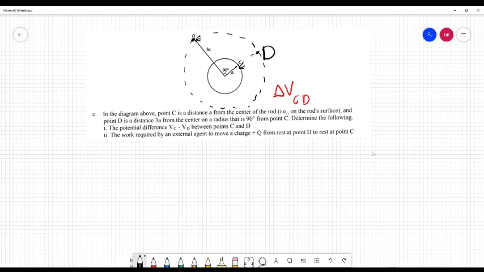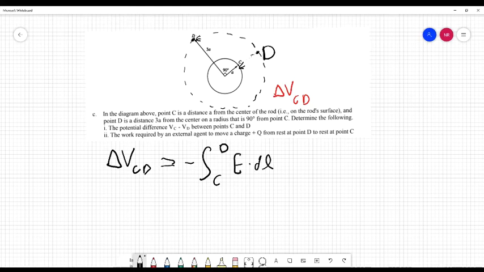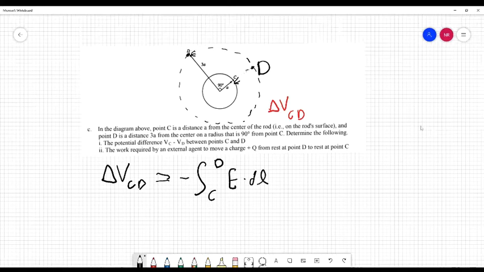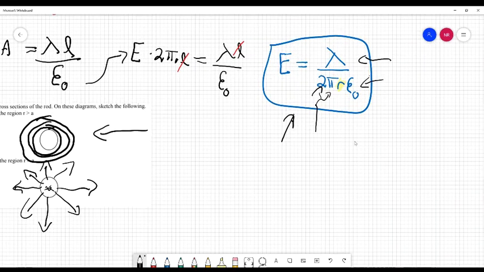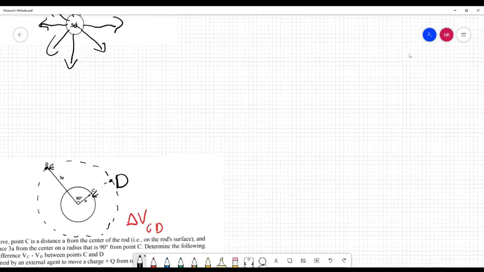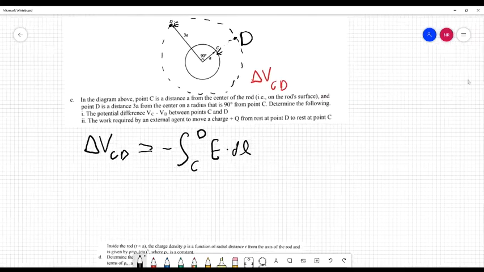If you remember, the formula for that is the change in V from point C to D equals the negative integral from C to D of E dot dl. If you go back to part A, we can look at our E and just use that. So we got E equals lambda over 2 pi r epsilon naught, and we can just plug that in for E.